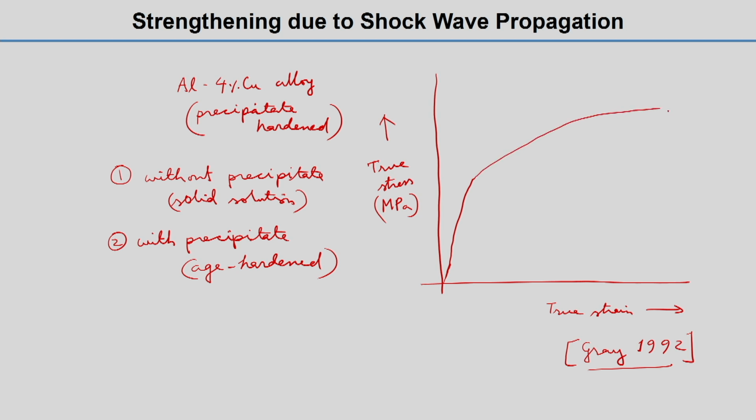Let us say this is the case without precipitate, in tension. That means a uniaxial tension test. Then we will take another one, which is with precipitate, that means it is hardened, and that is also in tension.